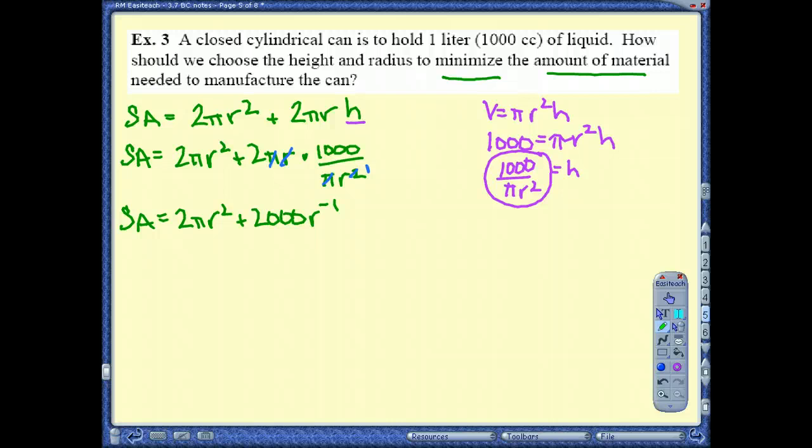Okay. Now, to do our domain, because I need to do the domain before I do the limit, because I need to know what those values are, I know for a fact that my radius, because that's the only variable I have left, can't be smaller than 0. Okay, so I can't have 0, because if the radius is 0, that's a terrible can. It's not going to hold anything.